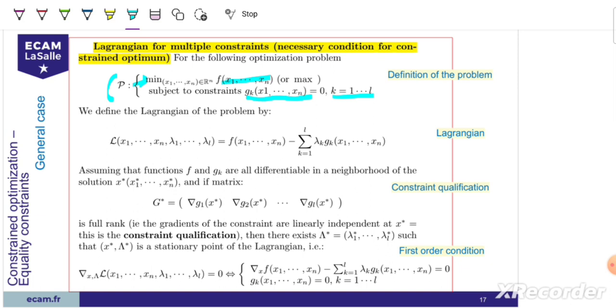The next thing we do is write the Lagrangian of the problem. That's going to be a function of all your variables and as many Lagrange multipliers as you have constraints.